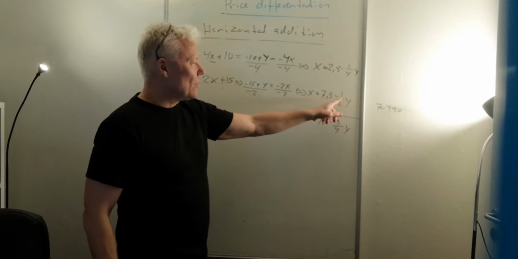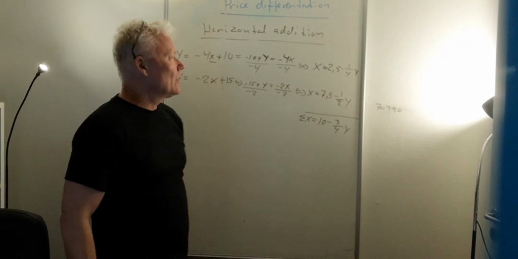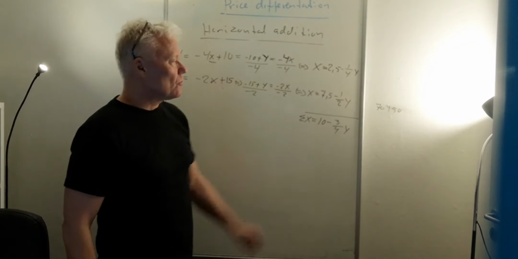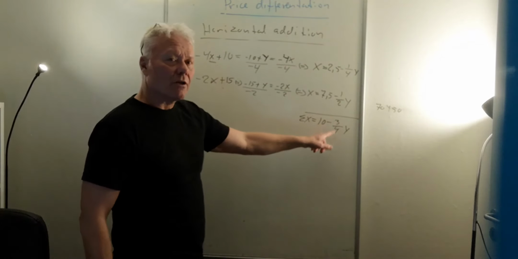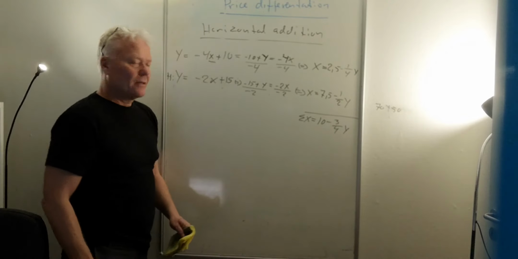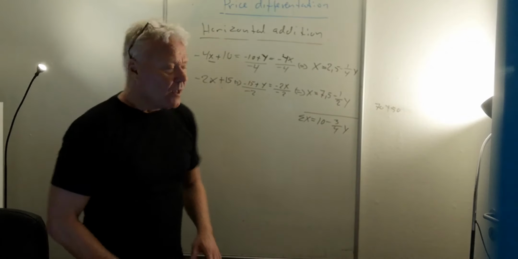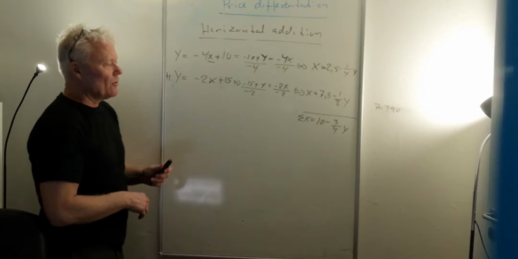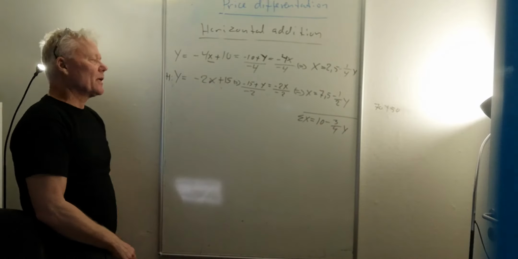You can also say that a half is 2/4, and then you add 1/4 to 2/4, then you get 3/4. Okay. Now you have added the curves, and then you have to turn it around once again.